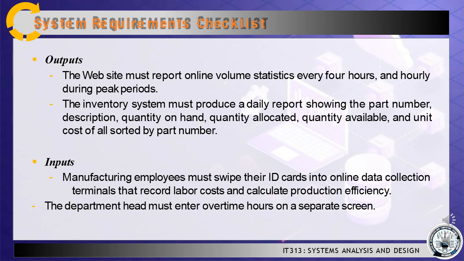For output examples, we have the website must report online volume statistics every 4 hours and hourly during peak periods. The inventory system must produce a daily report showing the part number description, quantity on hand, quantity allocated, quantity available, and unit cost of all sorted by part number.